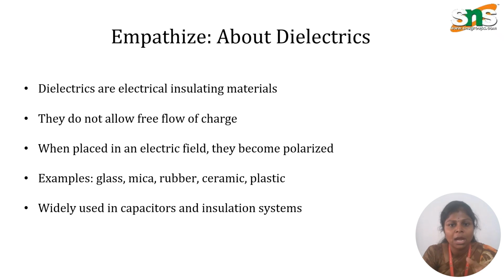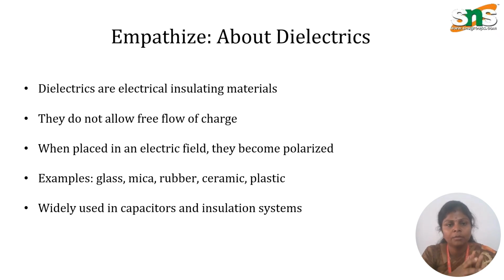The dielectric material is an insulating material, which does not allow free electrons to flow in that particular material. A conductor allows the free flow of electrons, but a dielectric does not allow charge to pass through.